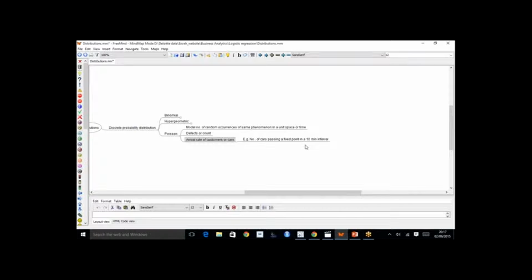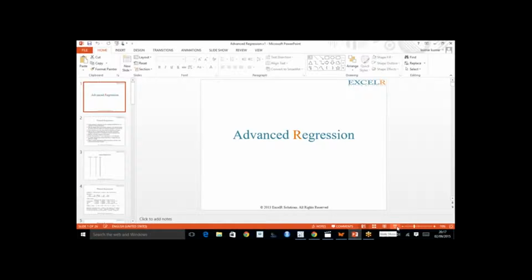So you can use your Poisson distribution in those kinds of scenarios. Okay, so this is in brief about binomial and Poisson. Even before we proceed with the regression techniques, I just wanted to expose you to these two basic distributions. Now let me proceed with the advanced regression.